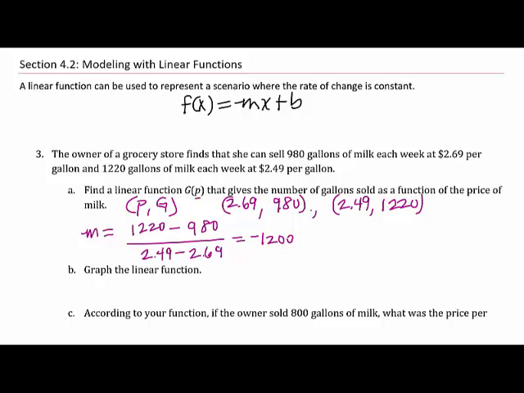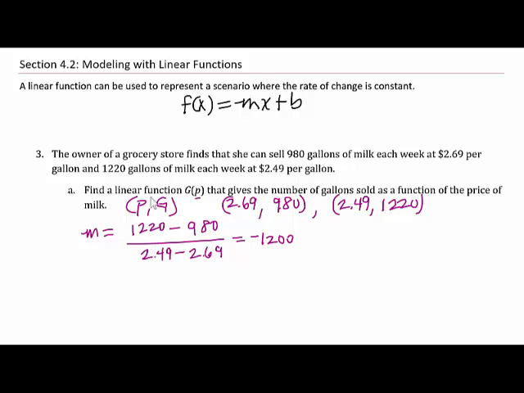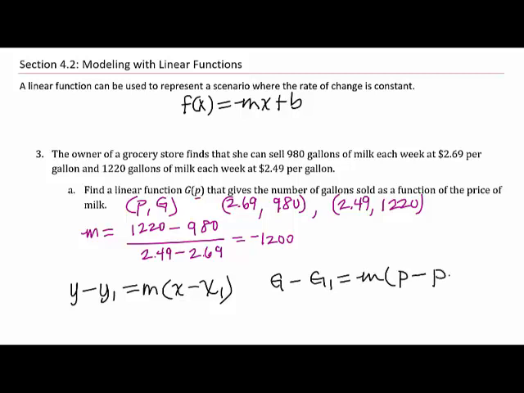Since we're not given the y-intercept, we may want to use point-slope form and then convert the equation to slope-intercept form. Remember that point-slope form looks like this: y minus y1 equals m times x minus x1. In this case, because our variables are different, we have g minus g1 is equal to m times p minus p1.